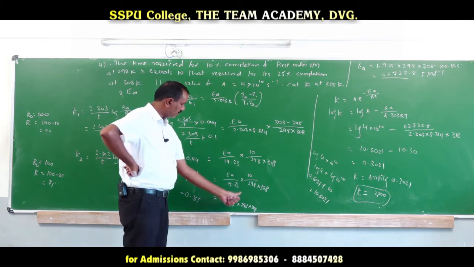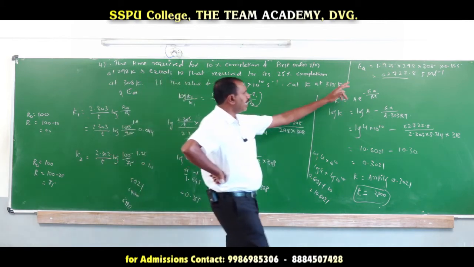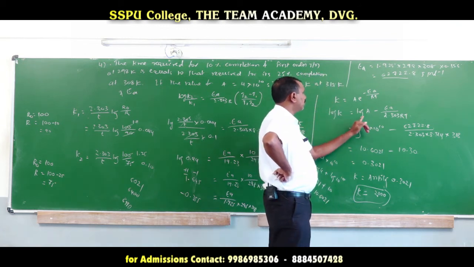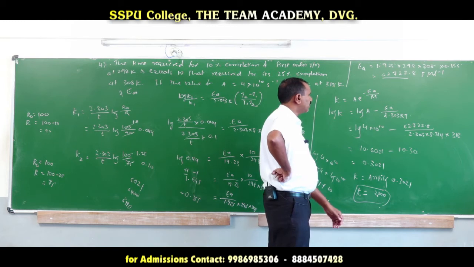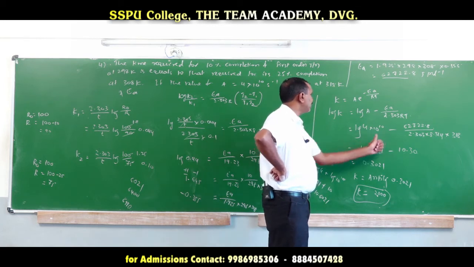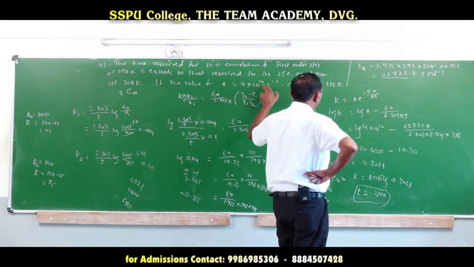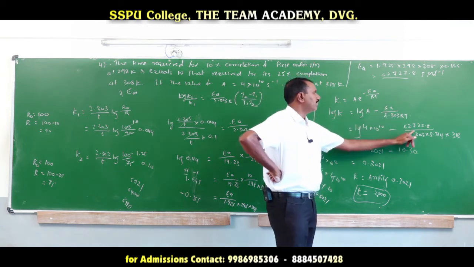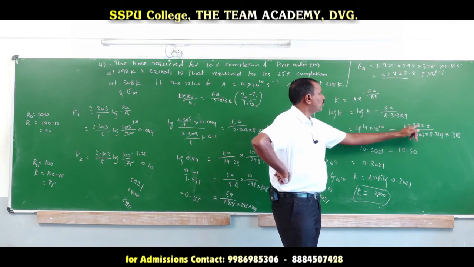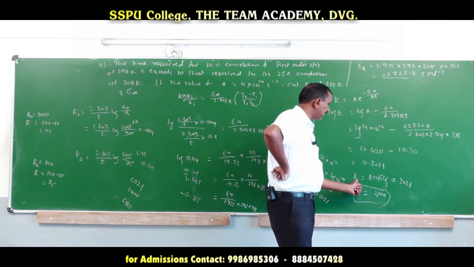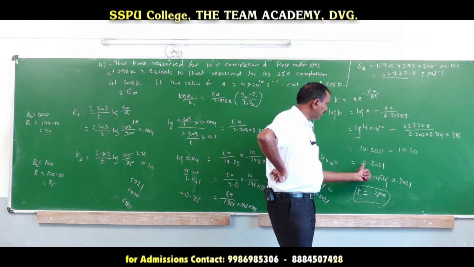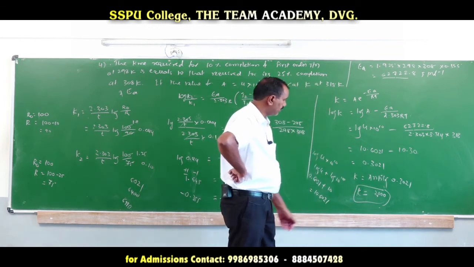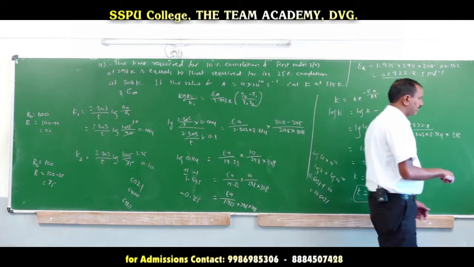EA by this value, finally we can get EA. By knowing EA, we can calculate K, where log K is equal to log A minus EA by 2.303 RT. A is 4 into 10 to the power of 10, EA we know that. Finally we can get K. Log K is 0.3021, where K is equal to the antilog of 0.3021, which nearly becomes 2. Okay.